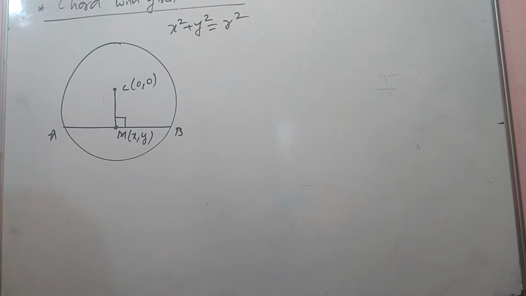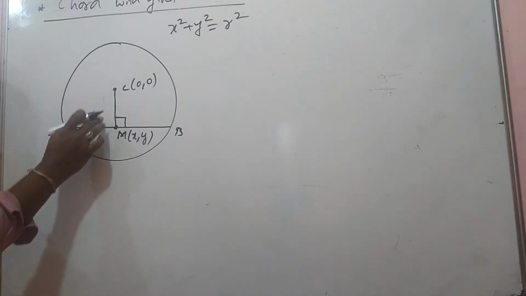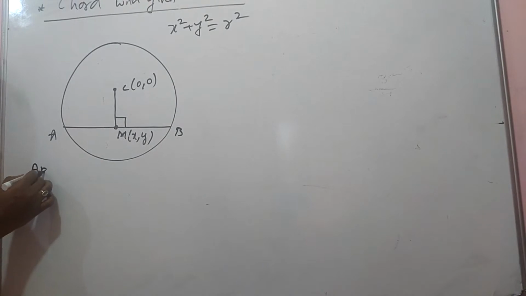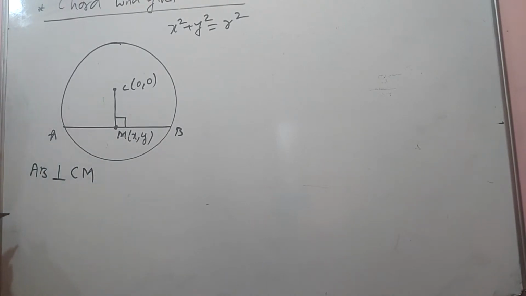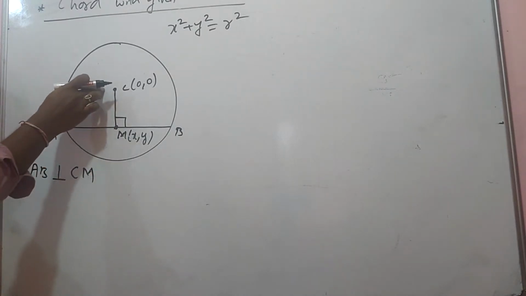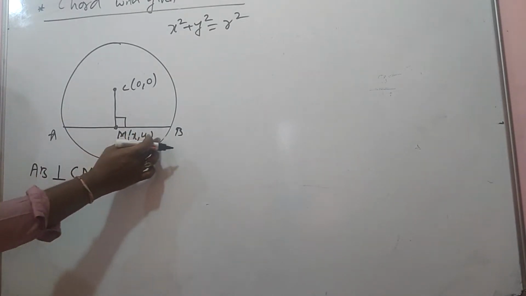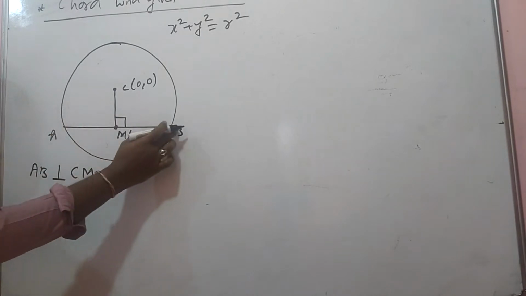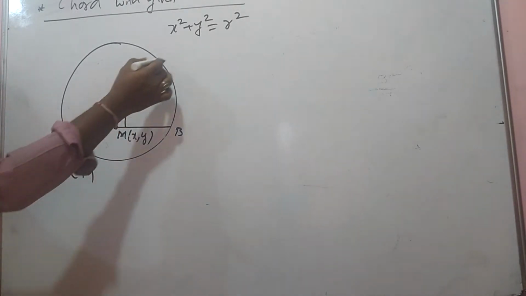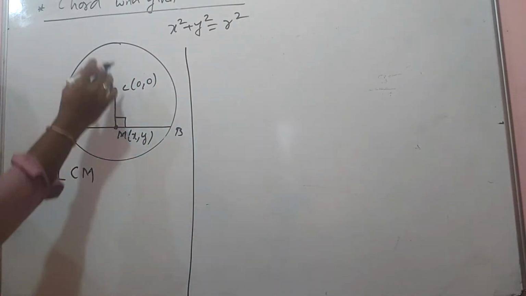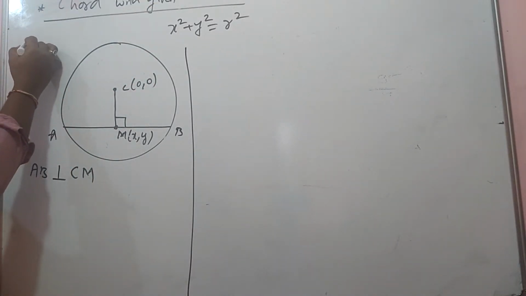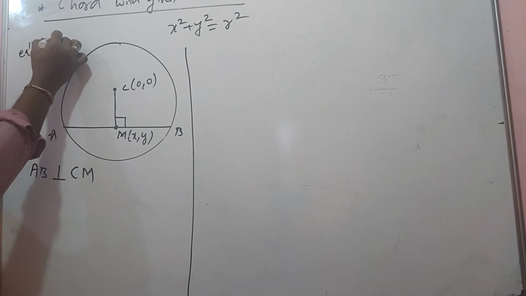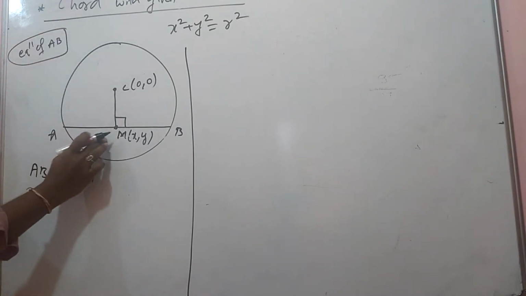You know that AB is perpendicular to CM, so the slope of this line is perpendicular to the slope of that line. I have to find the equation of the AB line. Chord of the given midpoint means the equation of the AB line.